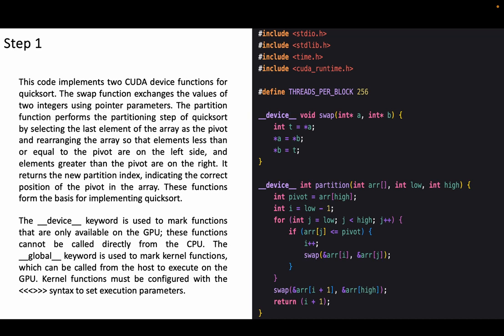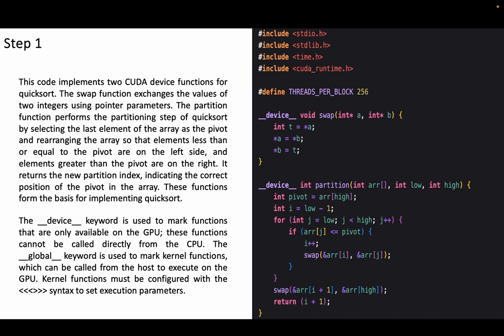You can see on the right side we use these two functions, and we mark them with the __device__ keyword. The device keyword marks functions that are only available on the GPU, and they cannot be called directly from the CPU. Next we use the __global__ keyword, which marks a kernel function that can be called from the host to execute on the GPU.